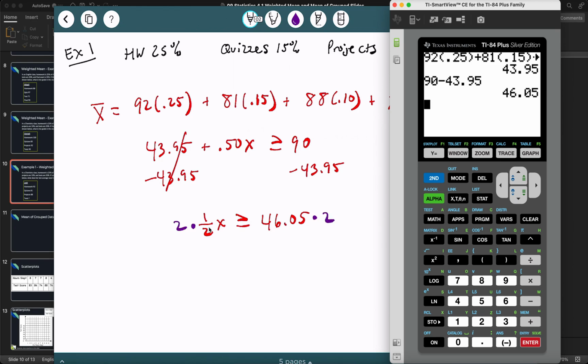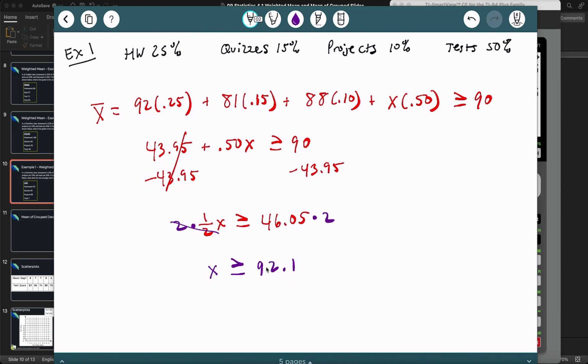So basically I'm doubling each side, because then that'll go away. We'll be left with 1x, or just x. So it looks like that test average needs to be at least, if I double that, that'll be 92. And if I double 0.05, I'll get 0.10, or just 0.1. Okay, so I have to get at least a 92.1 on the test average.